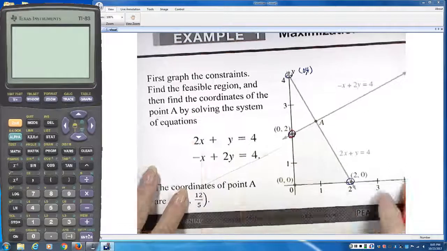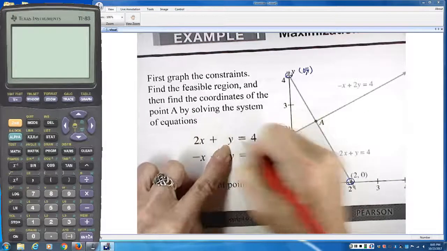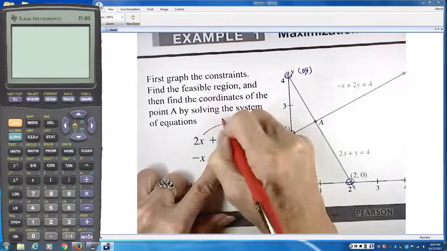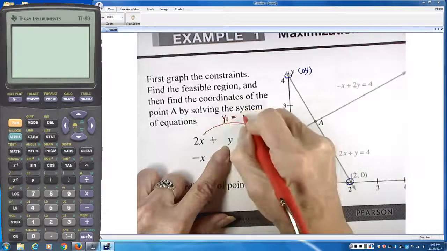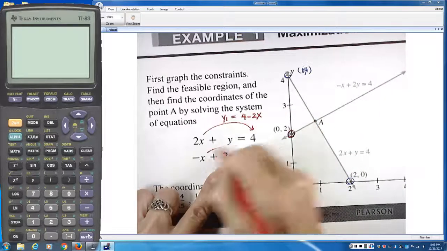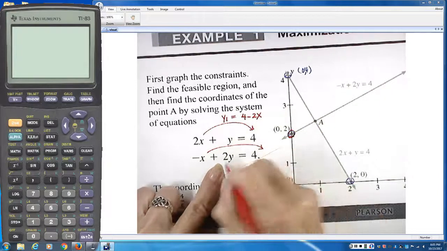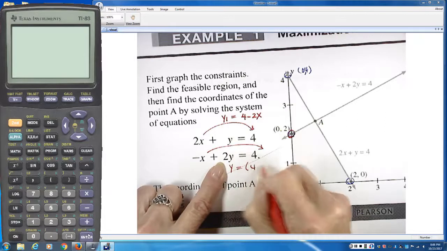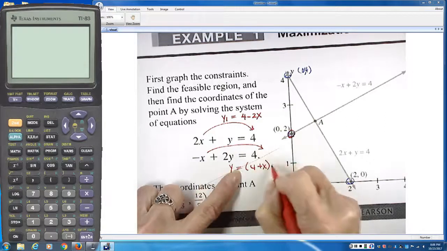Now, one easy way to do this would be to actually graph these on your calculator. Move 2x over to that side, and do the same thing here, only this time it'll be y equals 4 plus x, and then you need to divide that by 2.